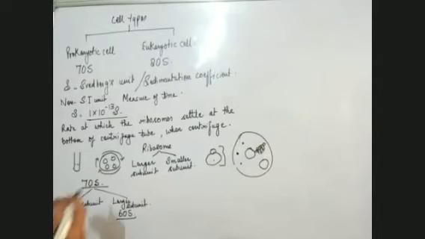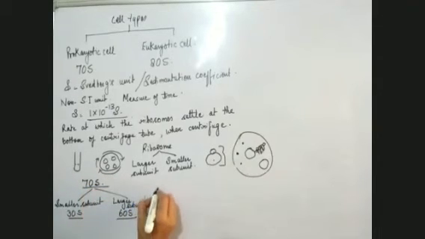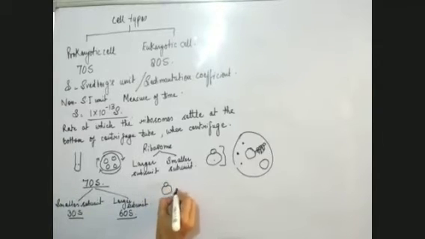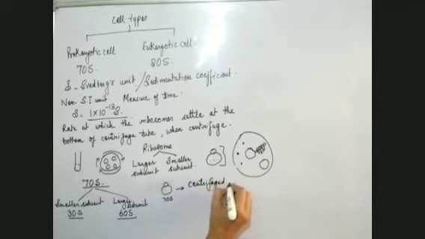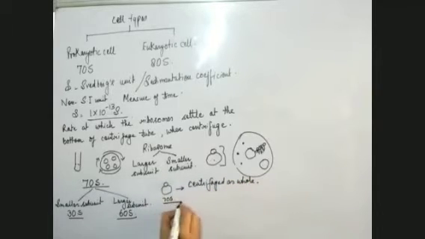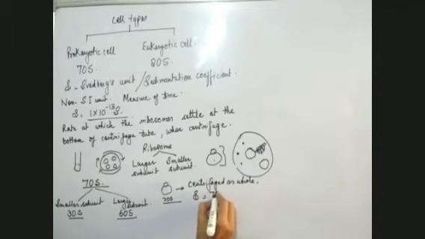If the complete ribosome is centrifuged as a whole, this is the smaller subunit, this is the larger subunit, and this is 70S. When this is centrifuged as a whole together, then its Svedberg's unit is 70S.